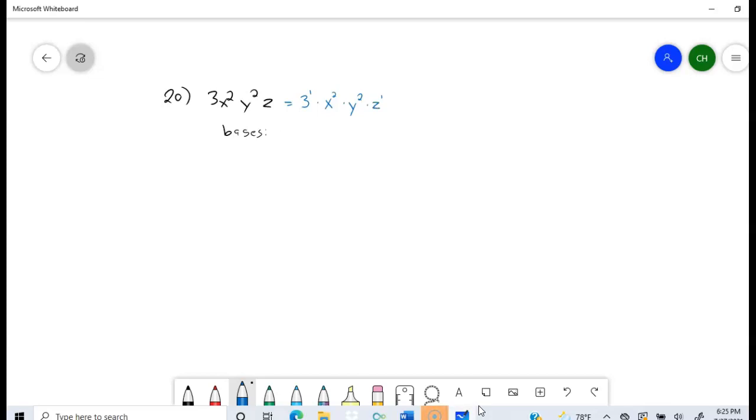So our bases are going to be 3. Remember we talked about that understood 1.